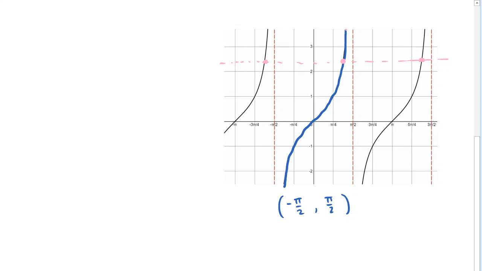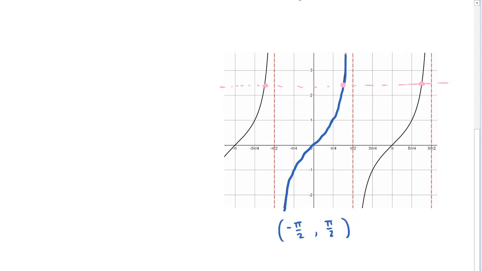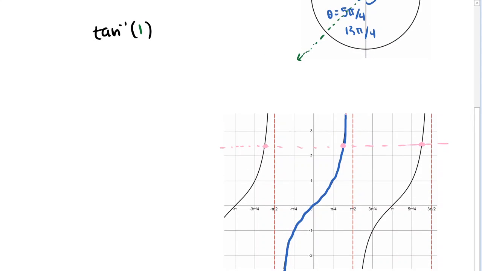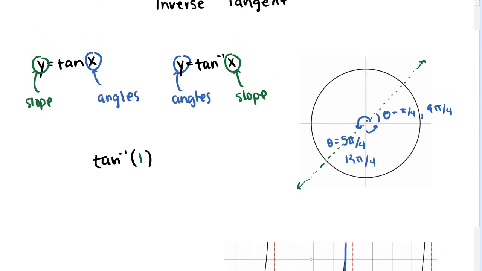And so what this really means is that when we're evaluating our tangent inverse function, we're really just looking for an angle that has the slope of this input, in this case 1. We're only getting the angle between negative pi over 2 and pi over 2. In other words, our angle is specifically in this window here, from negative pi over 2 to pi over 2.